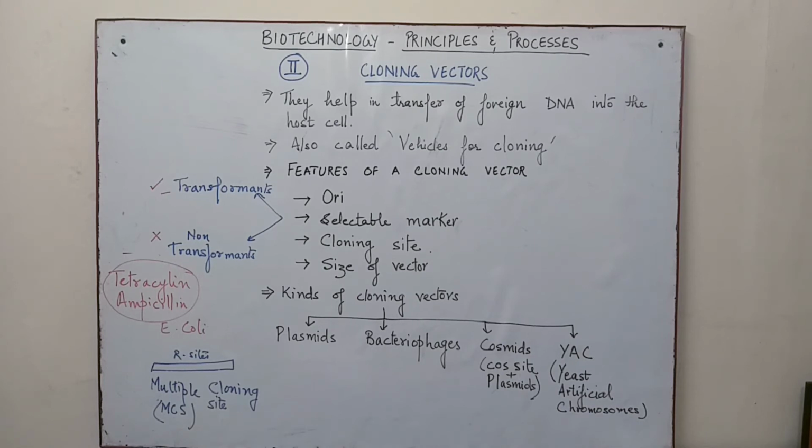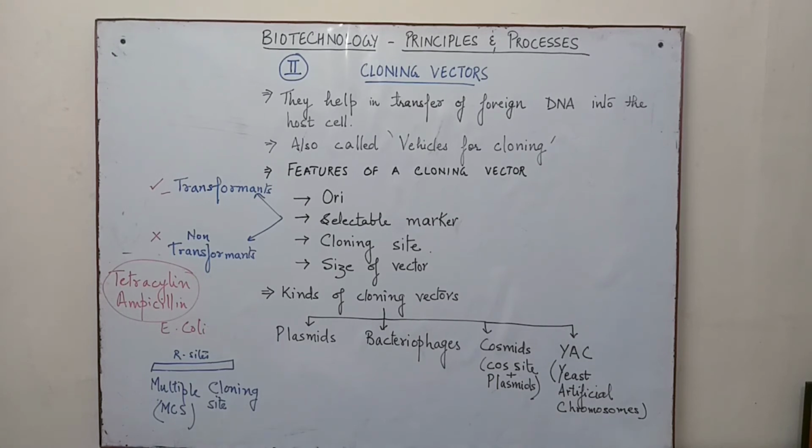Small size vectors have a small DNA fragment or small genome, so they are easy to handle and easy to manipulate. Large vectors always have a problem to manipulate, and the chances of breaking down during the purification process is also problematic.